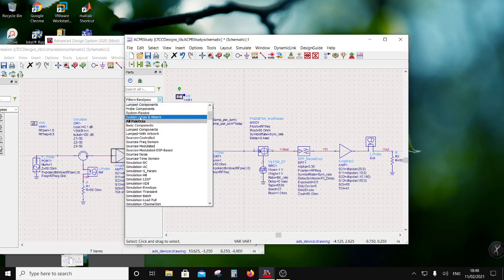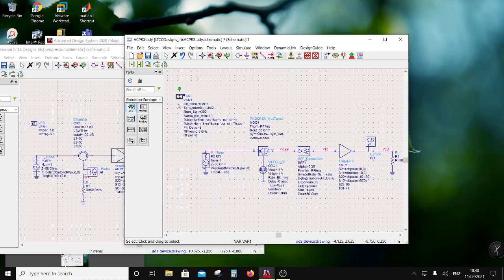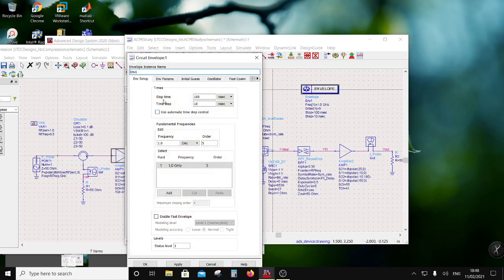So let's put here the envelope simulation. In this case I would have to have a frequency of oscillation. First of all, the stop time will be T stop, for which we have already written an equation, and the step time is T step. Fine.